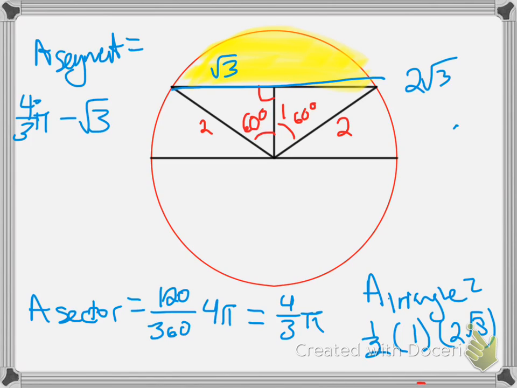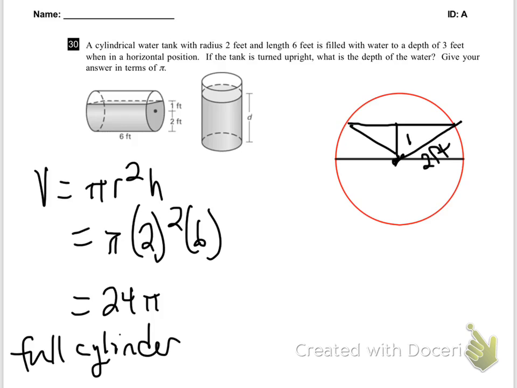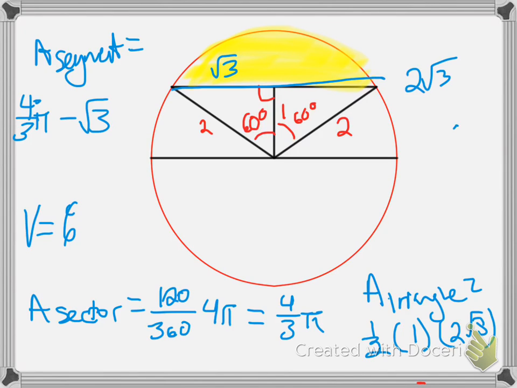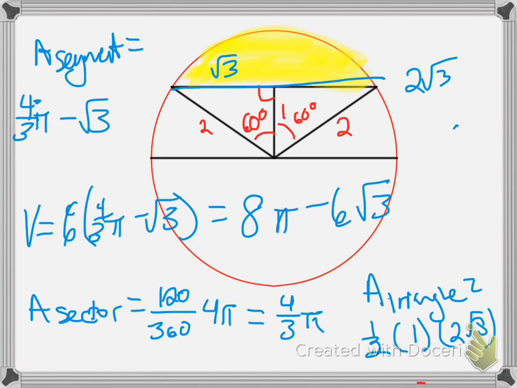So the volume is going to be the height, which going back, the height was 6 feet, times 4/3 pi minus the square root of 3, which is 8 pi minus 6 square roots of 3. That's the volume of this cylinder, or this prism.